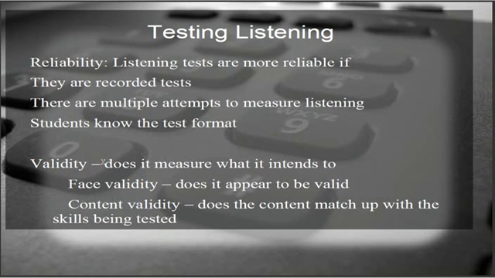So just because it's a test, it doesn't mean it's a valid test. There are a variety of types of concepts with regard to validity. The two that he talks about, one is face validity, and that basically means, does it appear to actually be a good test? Does it appear to actually be testing what it's intended to?